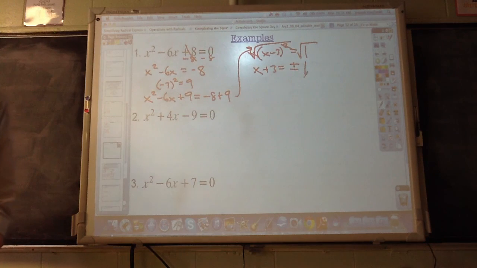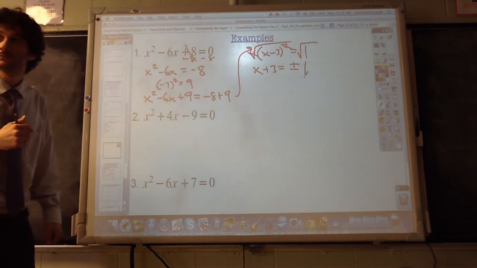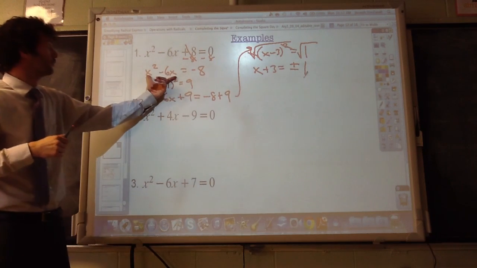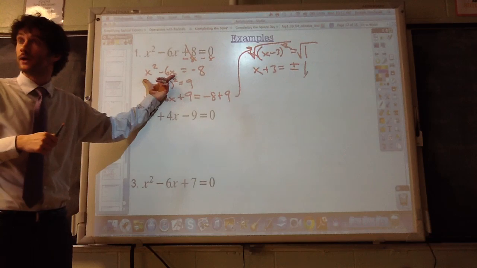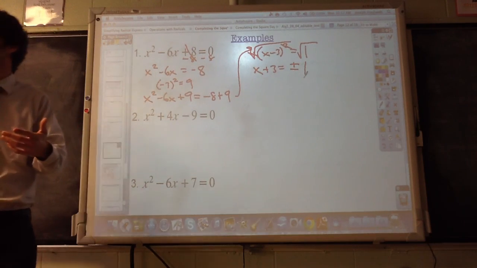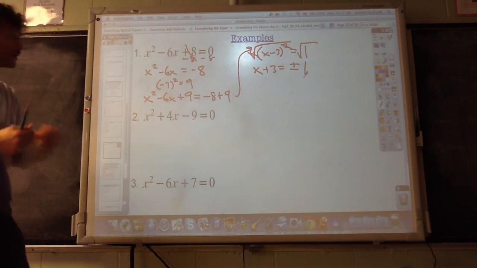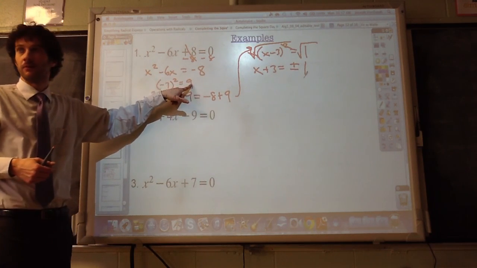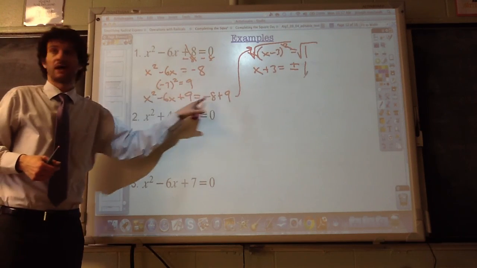I don't understand how you got x squared minus 6x plus 9 equals negative 8 plus 9. From here we decided to complete the square. We were going to make this side into a perfect square trinomial like we did on the slides before, where we found that C that makes it work. We found half of B and squared it to get that number, and I added it to both sides.